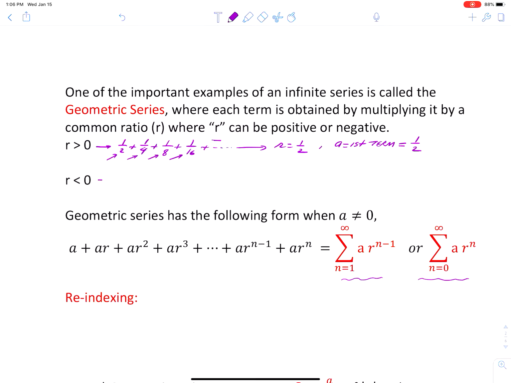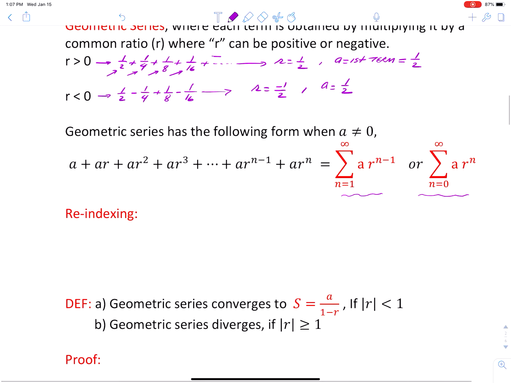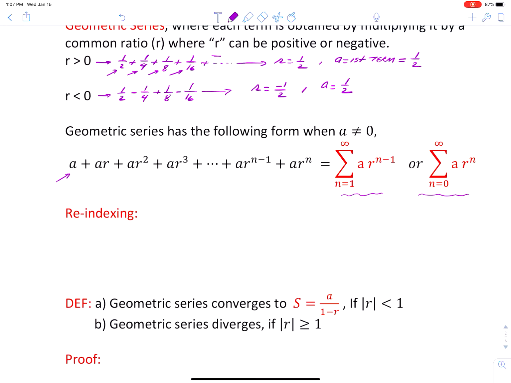So r being negative, well, if I take 1/2, let's say, multiply it by negative 1/2, I get negative 1/4. Negative 1/4 times negative 1/2, I get positive 1/8. Positive 1/8 times the same r, which is negative 1/2, gives me negative 1/16, and so on. So from here, r is -1/2, and a again is the first term, also 1/2, and so on. So for these types of terms, if you write a multiplied by a ratio r, you get your second term.